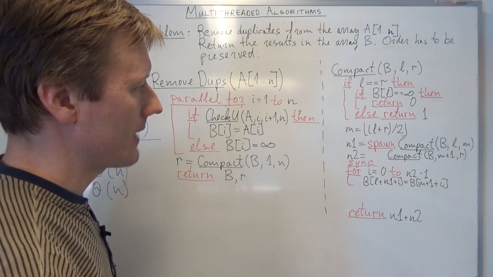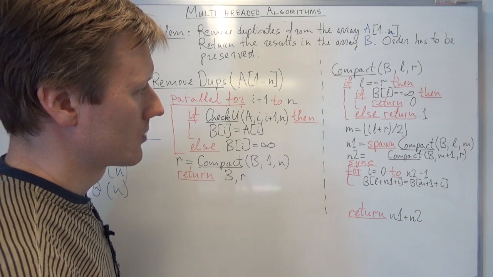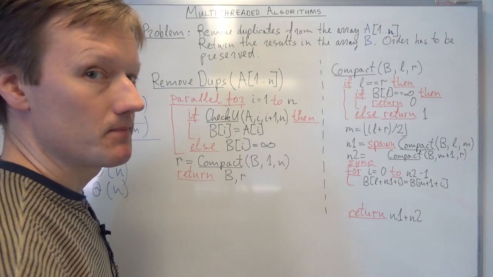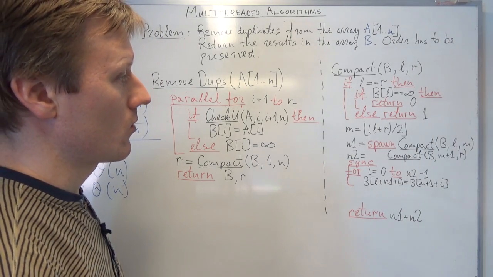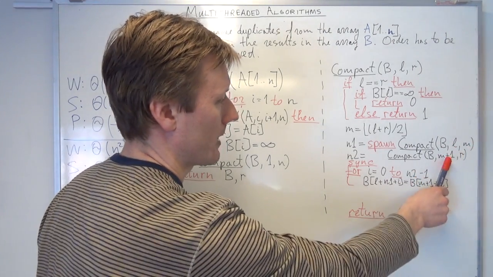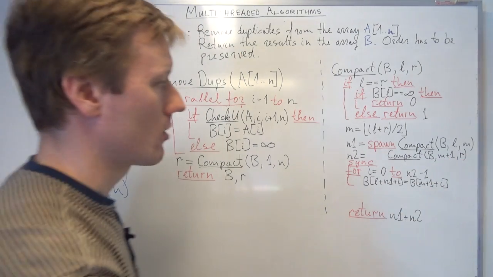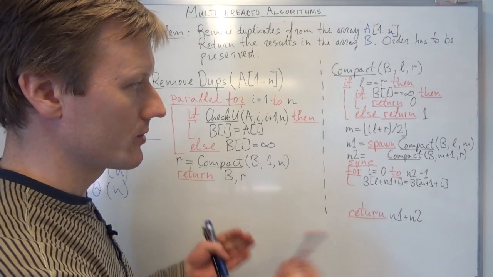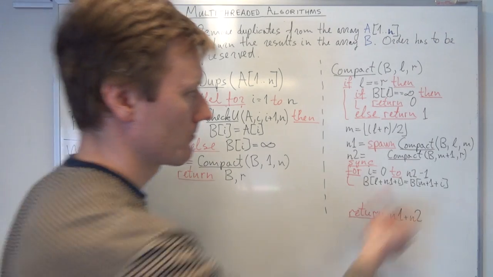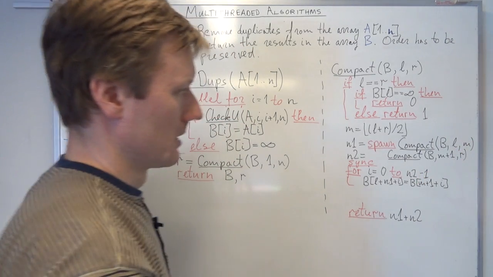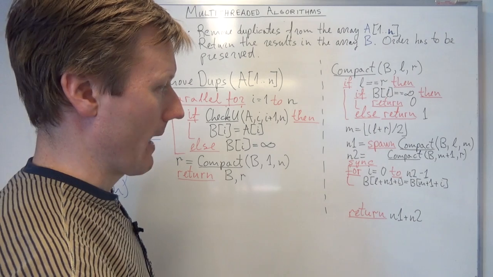And now we have 2 arrays, 2 parts of the array B, one from L to M, another from M plus 1 to R, that are compacted but potentially there is a gap between them, between these two compacted arrays.